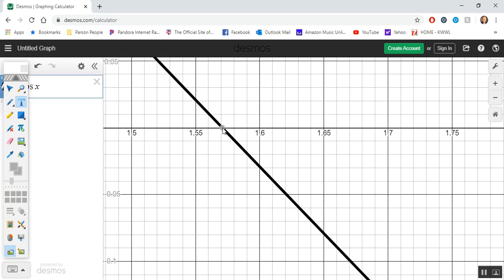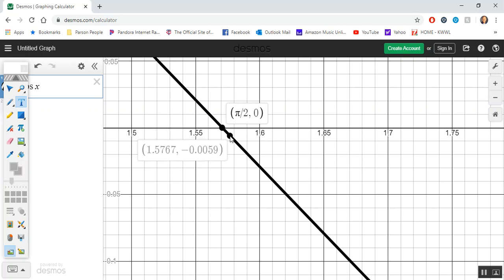At pi over 2, what's the y value? Okay, so here's what I'd probably do. Figure out what pi over 2 is as a decimal. 1.57. Okay, should we pick a point pretty close to that? How about, let me get something. I have a better idea.